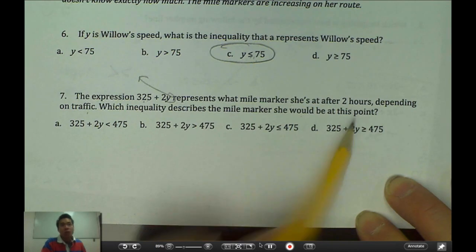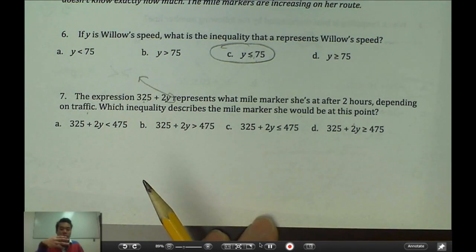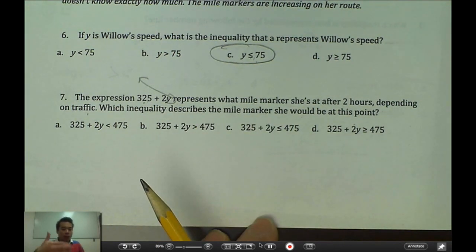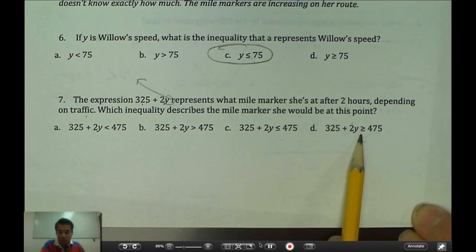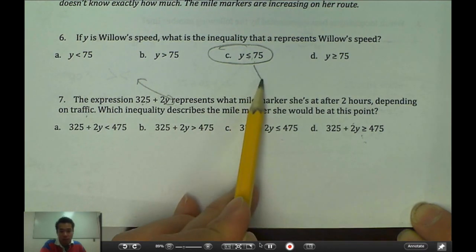Okay, so if we're dealing with where she could be, if she's traveling constantly at 75, then she'll be at a specific point. But sometimes she'll be slowing down, so she's not there yet. She might, but she's not going to go above 75. So it has to be one of these, because it has to be equal to, because it deals with this situation.